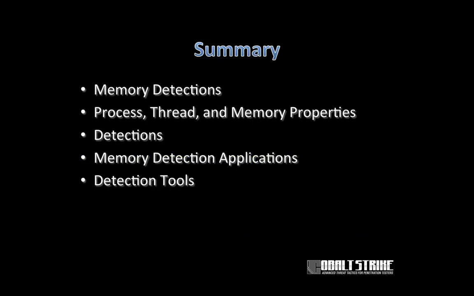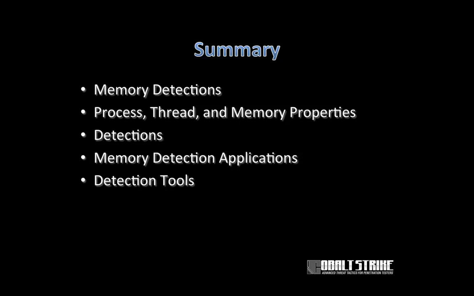Well then, I think that was a fun introduction to In-memory Evasion. We started out with a definition for memory detections. We talked about the observable properties of processes, threads, and memory, and specifically the anomalies in these properties that are signs of a memory-injected DLL.